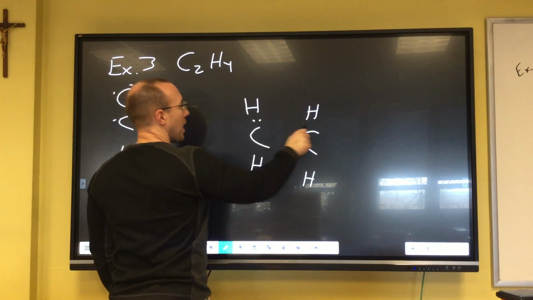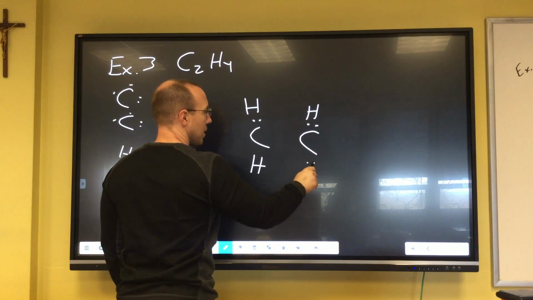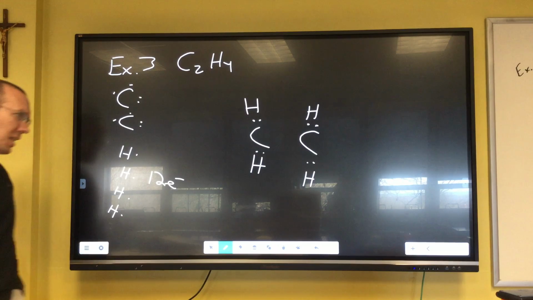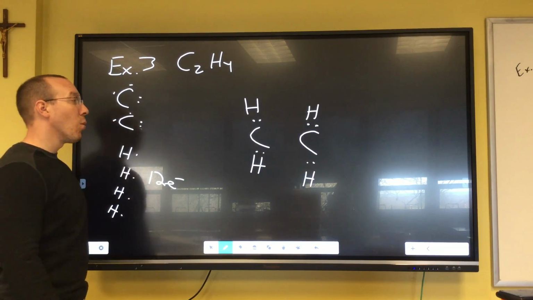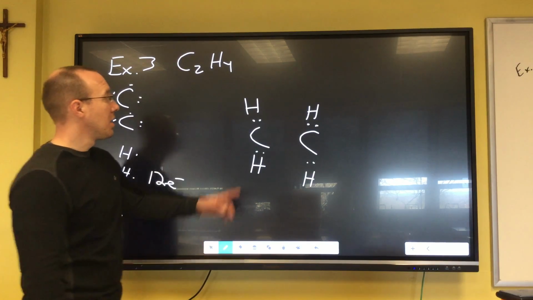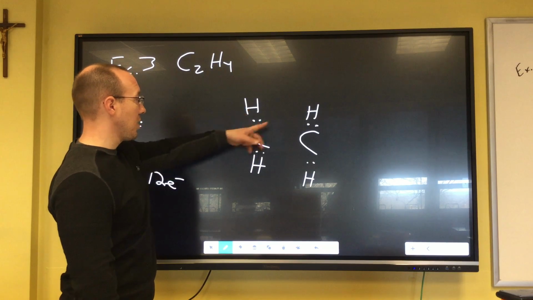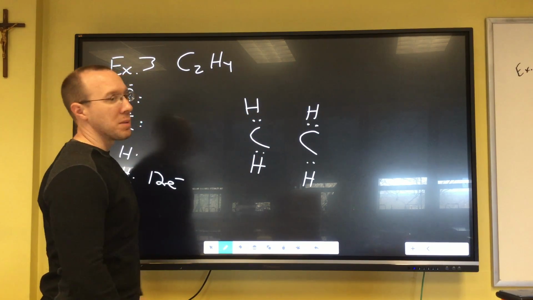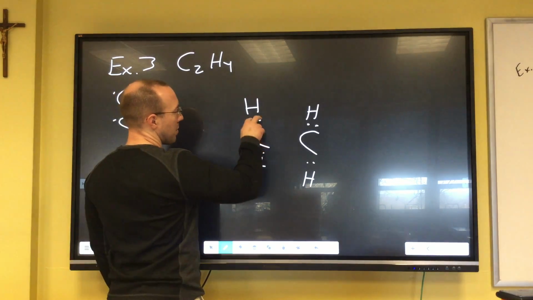And we know each hydrogen has one bond. Okay, so this is good for the hydrogen. Now we need to figure out the carbon. So let's count this carbon, 2, 4.